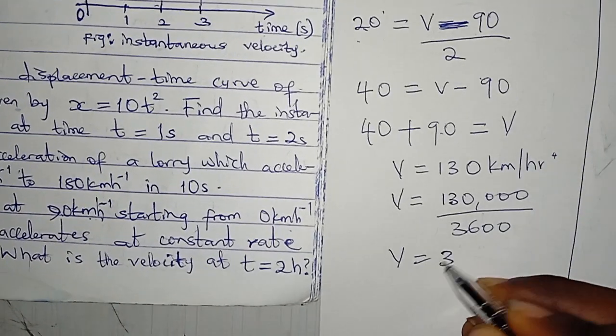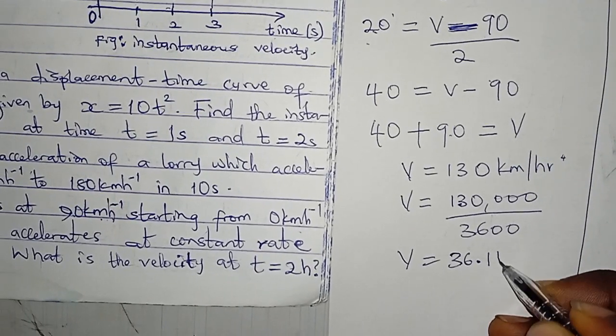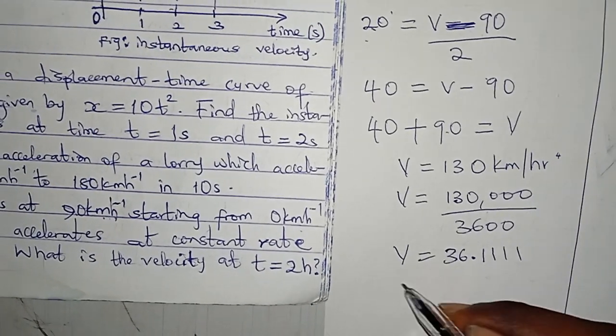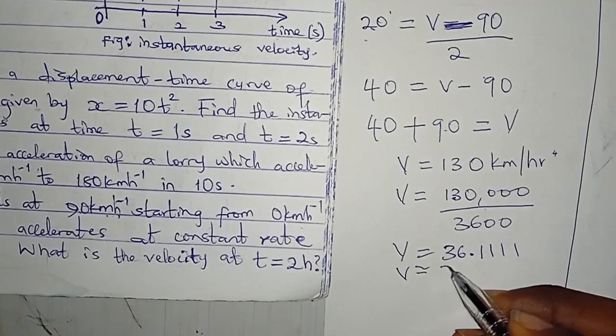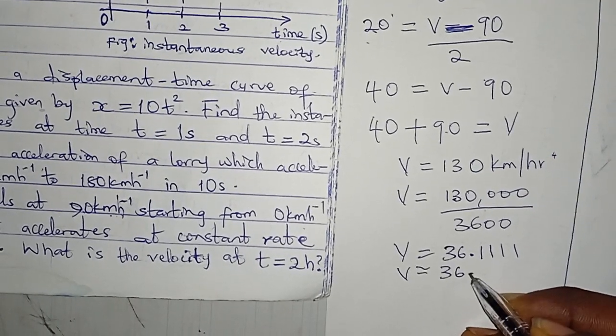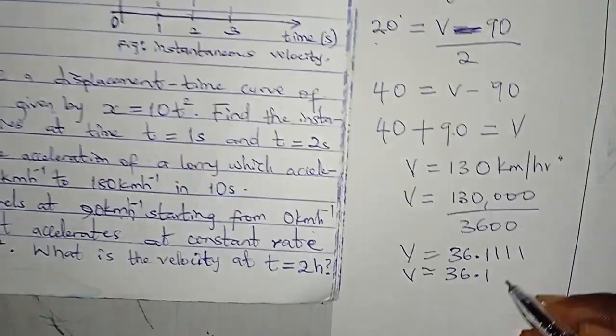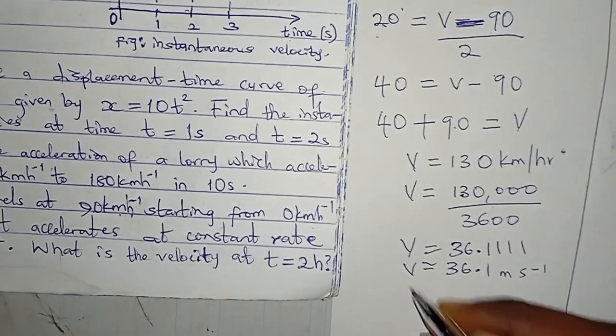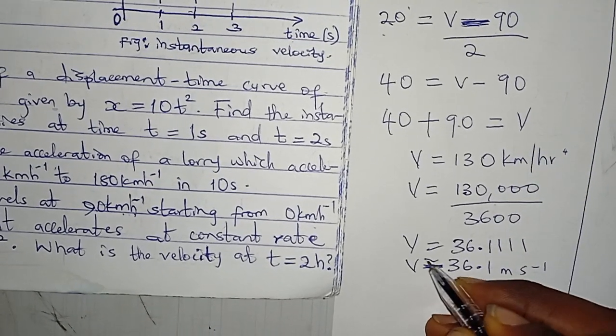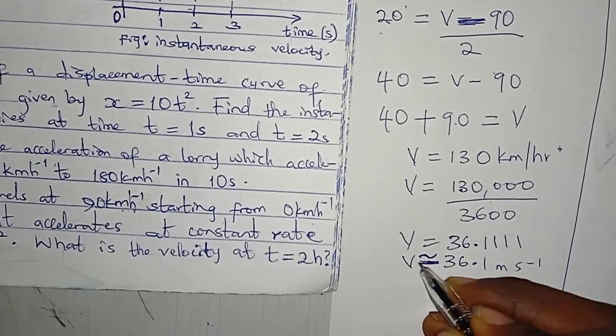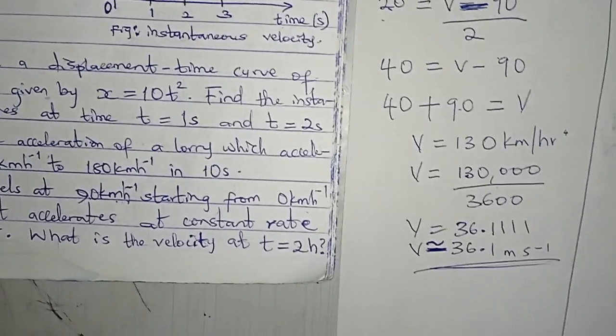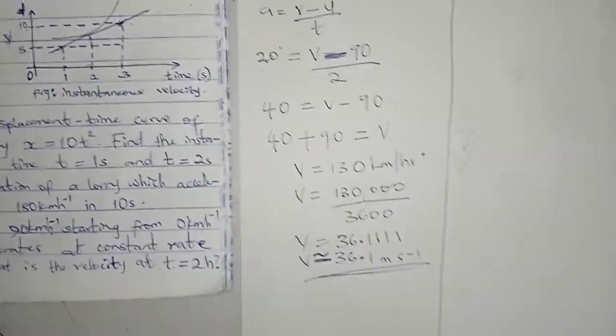This should be 36.1111. So V is approximately 36.1 meters per second. So this is what V is.